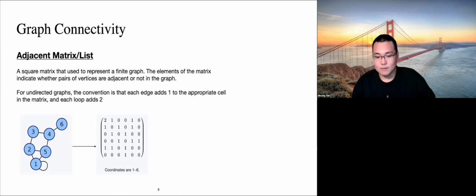So the elements of the matrix indicate whether pairs of vertices are adjacent or not in the graph. For undirected graphs, the convention is that each edge adds 1 to the appropriate cell in the matrix, and each loop adds 2. For example, for the 1 here, you can see it has a loop to itself, so it's 2 here, and it's connected to 2, so it's 1 here. So the expression should be pretty straightforward with these graphs.